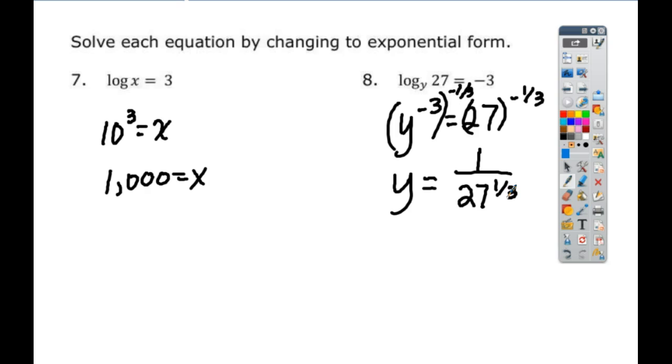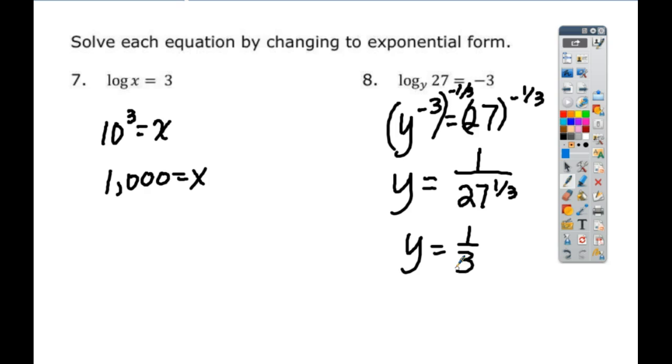So the cube root of 27 is 3. So y equals 1/3. So don't let it give you a headache, right? The negative moves it to the bottom. And you can just type in the 27 to the 1/3 in your calculator and it'll tell you 3.